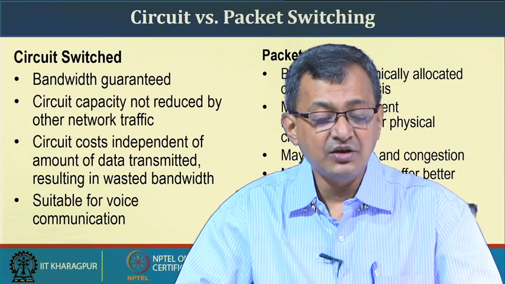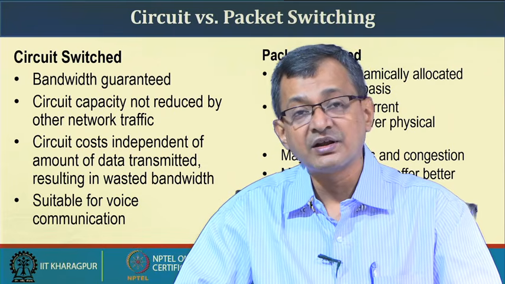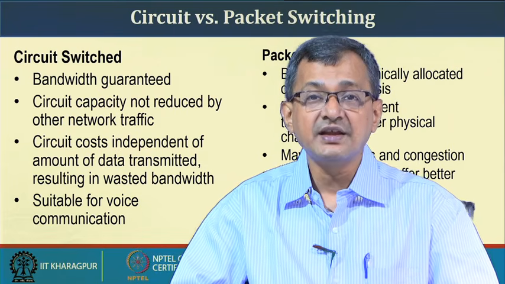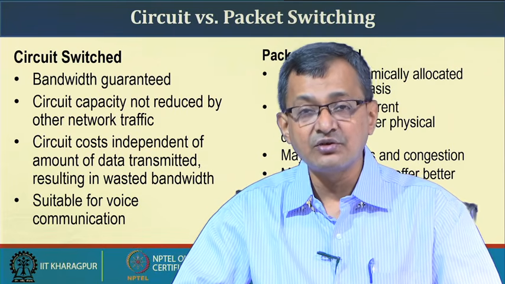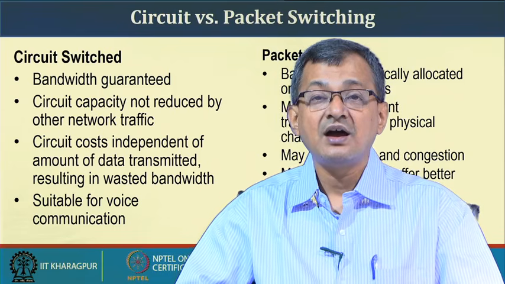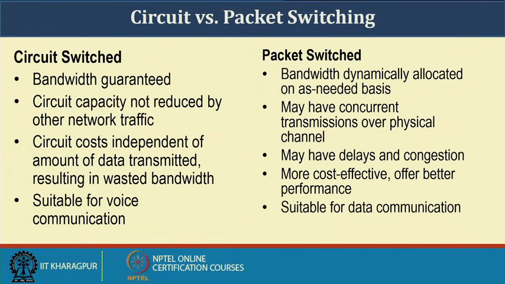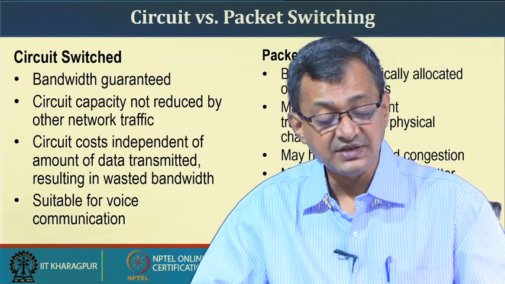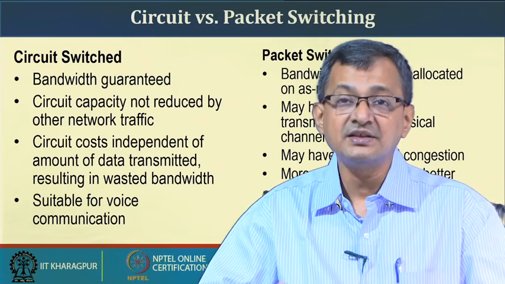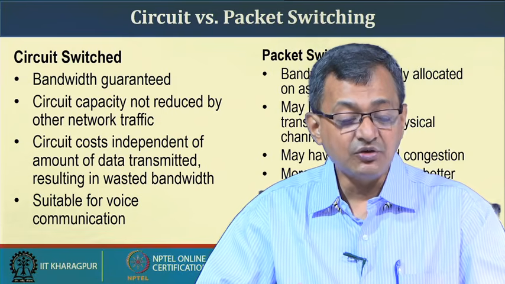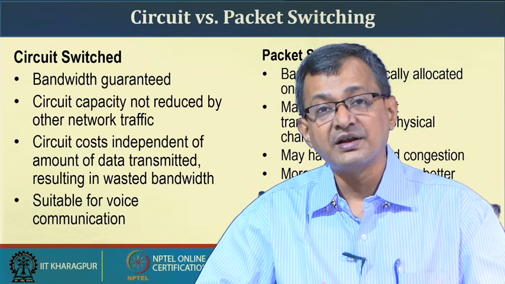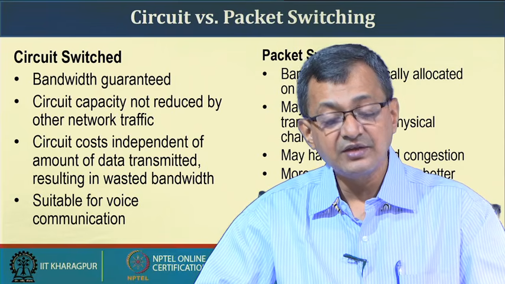Circuit capacity is not reduced by other network traffic. As it is a dedicated circuit, the capacity, once established, is dedicated to this source and destination, whereas a packet switch may have concurrent transmissions over a physical channel, so on one physical channel there can be a number of flows. Circuit cost is independent of the amount of data transmitted, resulting in wastage of bandwidth.